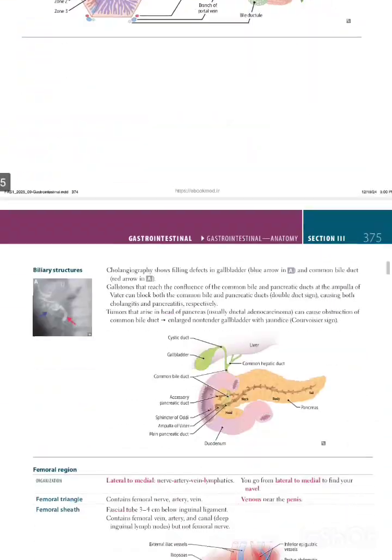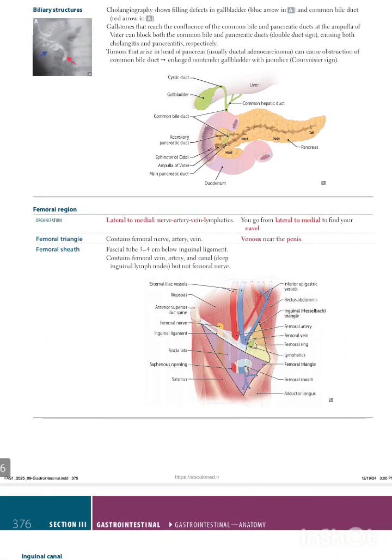Then we have the femoral region. From lateral to medial, we have nerve, artery, vein, and lymphatics, which we remember with the abbreviation NAVEL. And then we have the femoral triangle, which contains femoral nerve, artery, and vein.